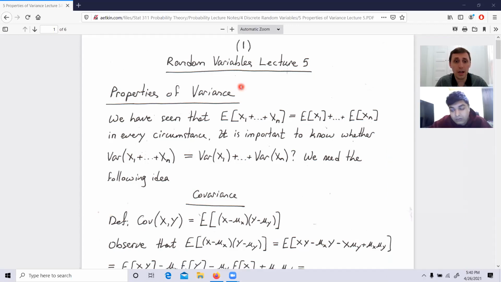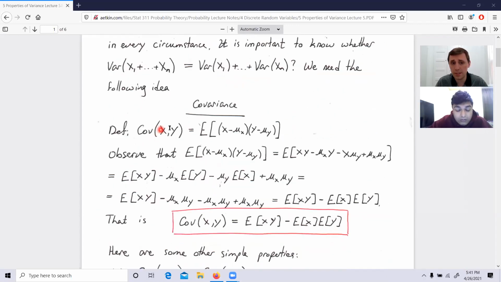Okay, so how do we verify that? We first created covariance. And covariance is an extension of variance. Given two random variables, x and y, covariance is defined as the expected value of (x minus mu x)(y minus mu y). Remember that, guys?